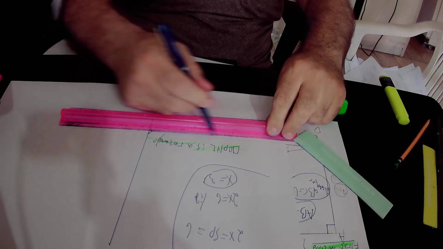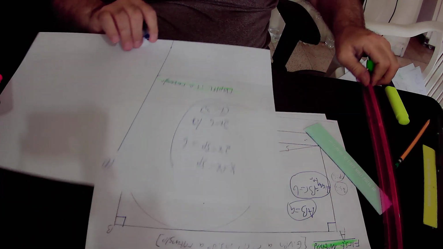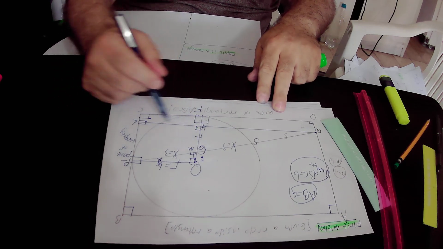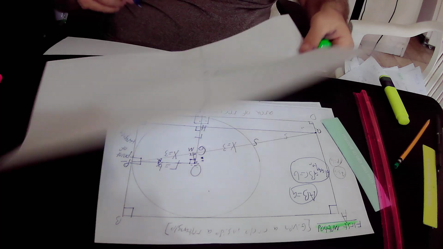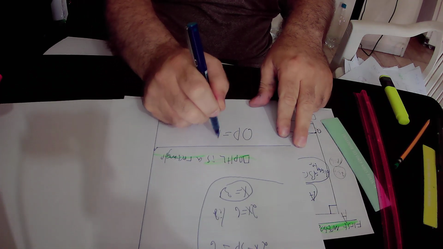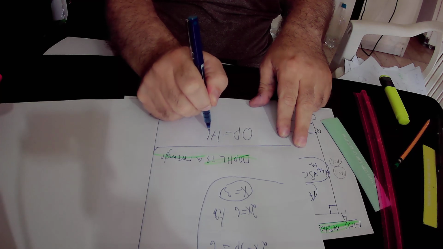So in rectangle OPHL, side OP is parallel to side HL, according to the rule that the opposite sides of a rectangle are parallel to each other.